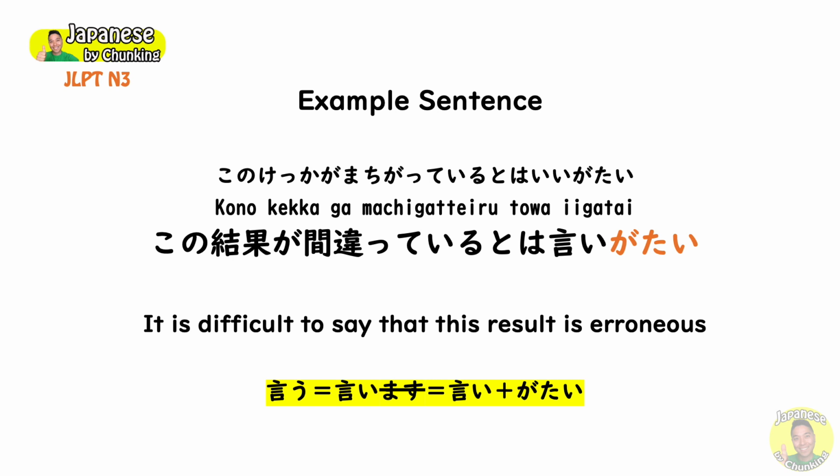So the verb here is 言う. 言う is to say. ます form is 言います。Take off the ます and you're left with 言い. 言い plus がたい。言いがたい。So it's hard to say or difficult to say. この結果 this result 間違っている。間違っている means it's not correct or it's wrong or erroneous. 間違っているとは言いがたい。So it is very difficult to say that this result is erroneous.